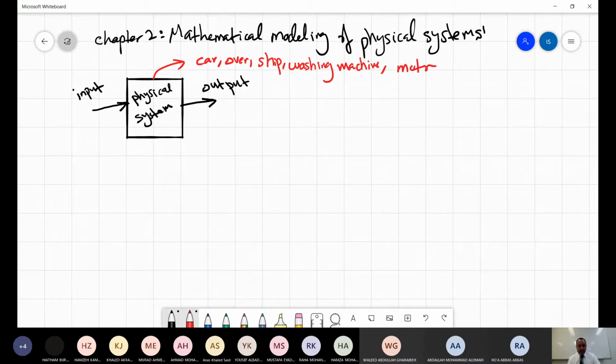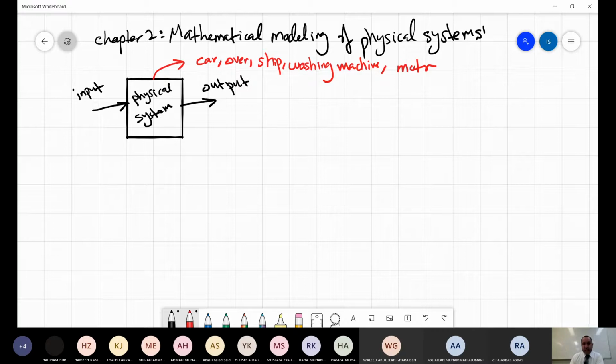So it's a physical system, some hardware. Let's say a system which consists of a lot of elements that behave together in order to achieve certain functions. For example, for the car, the mobility. For the oven, to cook the food.